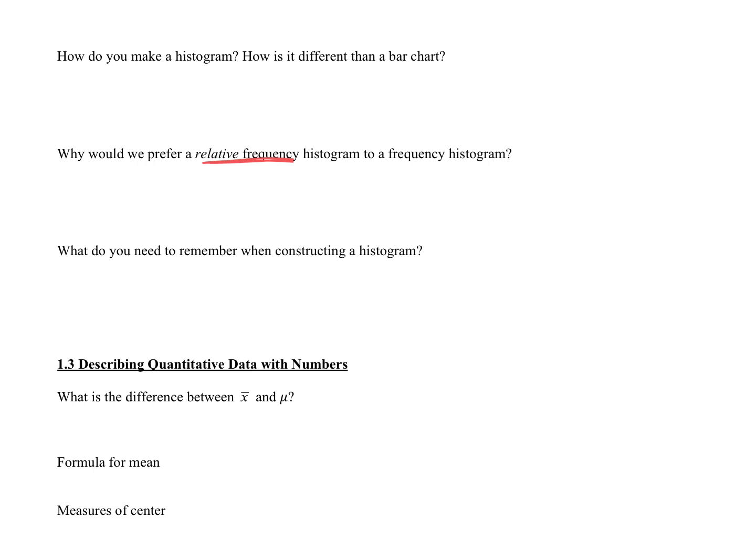Veronica? If you are comparing two samples or distributions. And it's because they often have different sample sizes. Anytime you have two different sample sizes, you're going to have to use relative frequency.